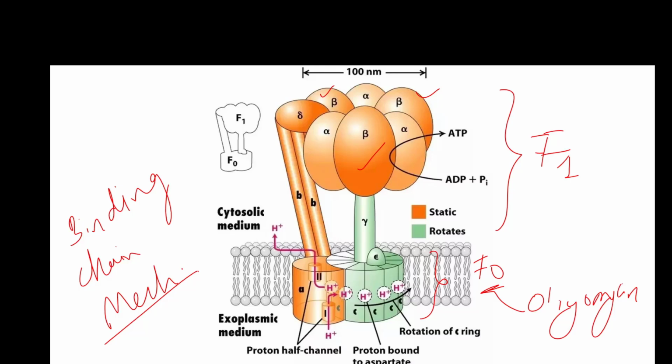The proton translocation through F0 powers the rotation of the gamma subunit of the F0F1 ATPase, which leads to the changes in the conformation of the nucleotide binding sites in the F1 beta subunit, and by means of this binding change mechanism the F0F1 complex harnesses the proton motive force to power the ATP synthesis.